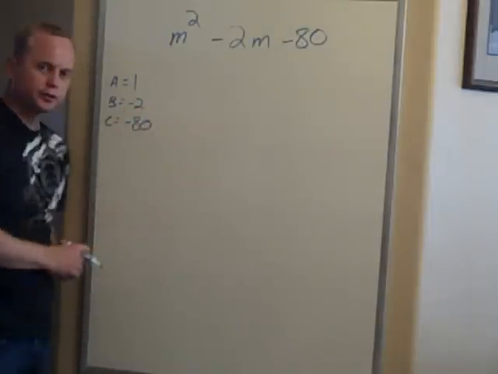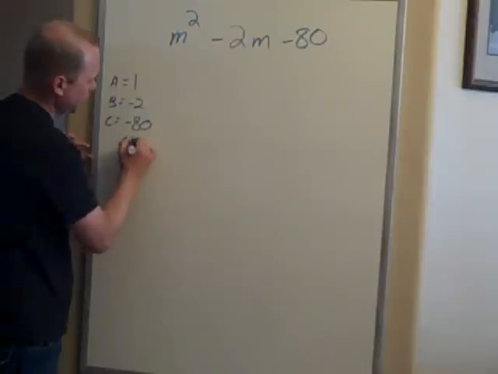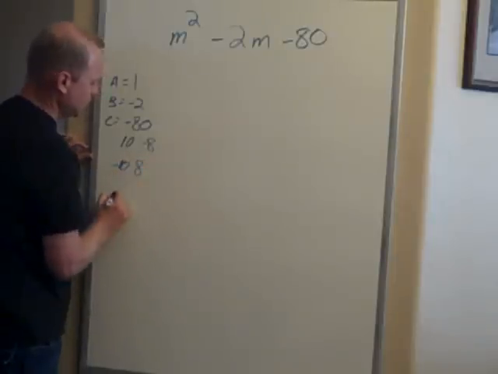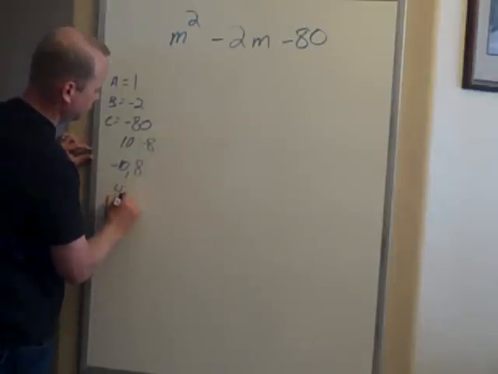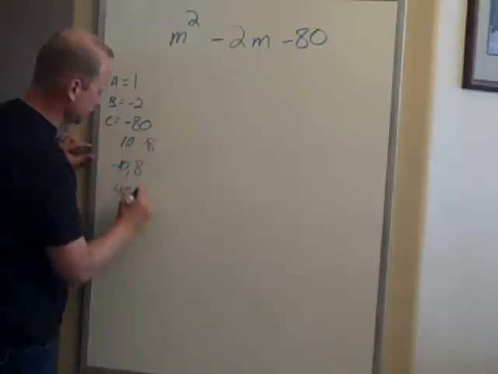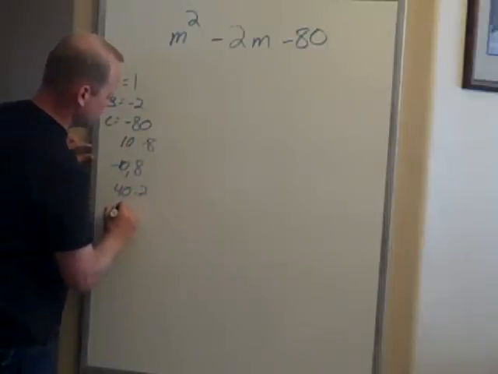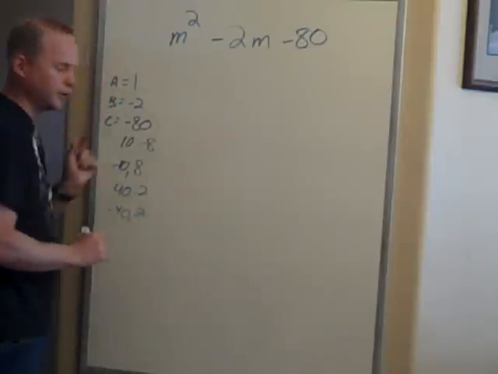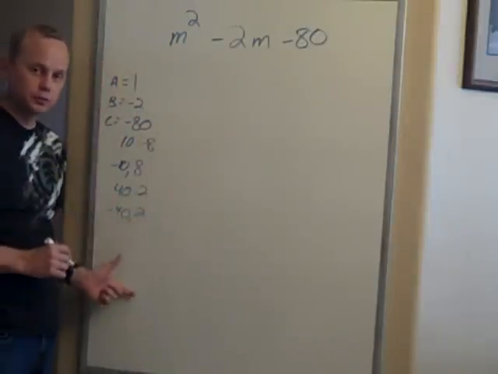So you can do your whole factor tree here. You go, okay, 10 times negative 8, negative 10 times 8, and you can go negative 40 times positive 2, and there are many, many different solutions to this one.